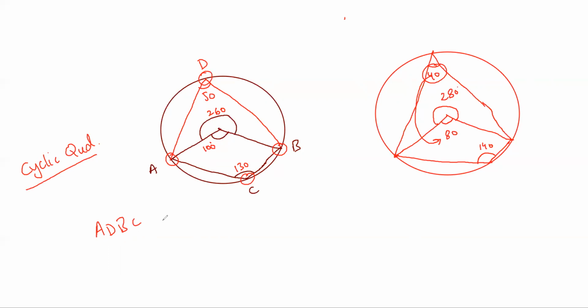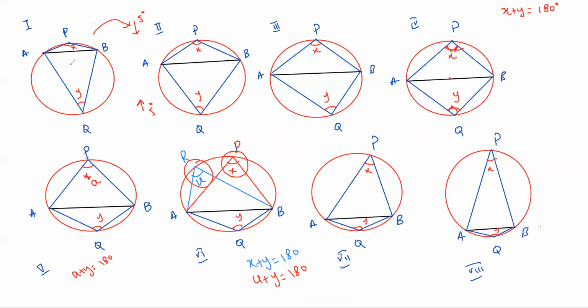So its properties related to circles are that in a cyclic quadrilateral, the opposite angles are always supplementary. If you look at this diagram, in all these circles, we have quadrilaterals here as well. Like look at this APBQ. These are all quadrilaterals.